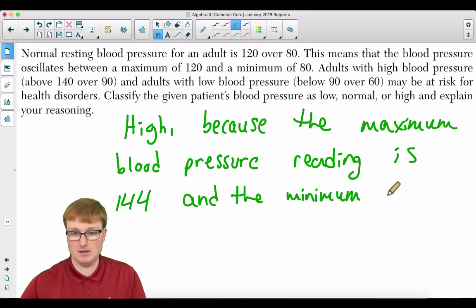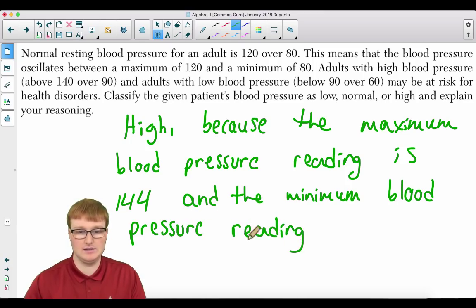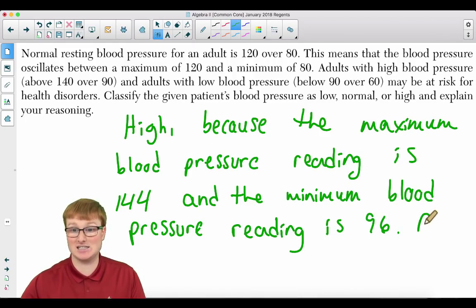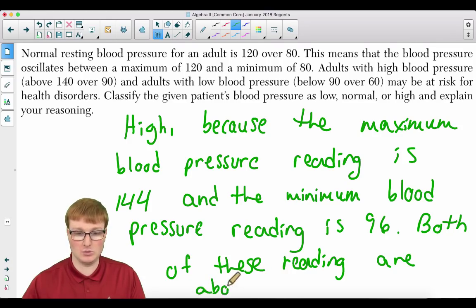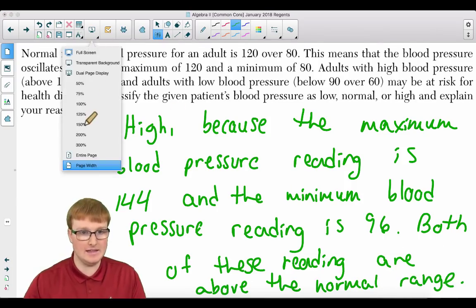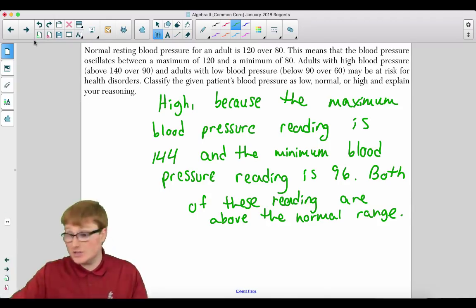And the minimum blood pressure reading is 96. So both of these readings are in fact above the normal range. And that, ladies and gentlemen, is how you answer that part of the question. And that is the end of this Regents exam.